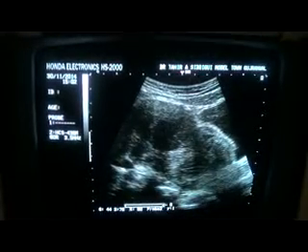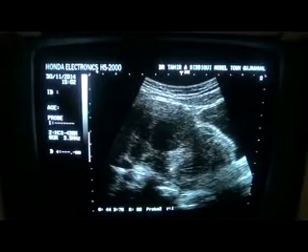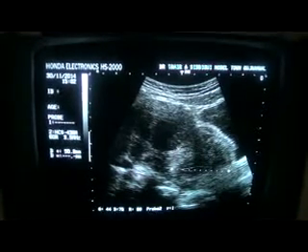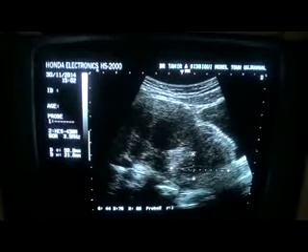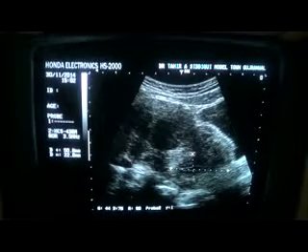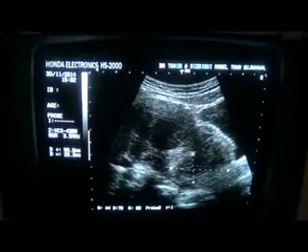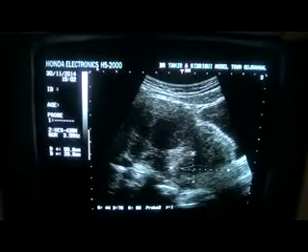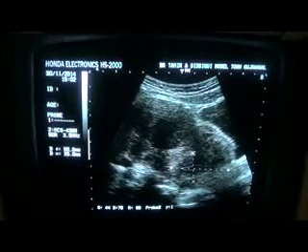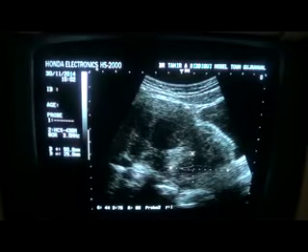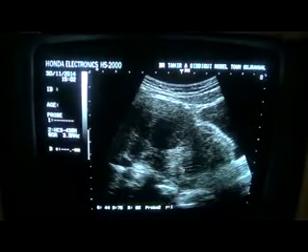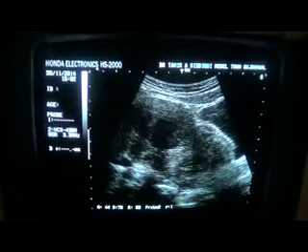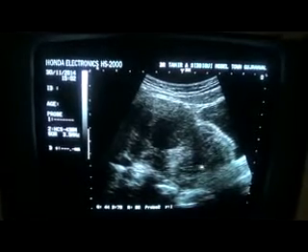This is the uterus. You see, this is the uterus, measuring approximately 5.0 by 2.5 mm, small sized, and this is the endometrial canal of the lower segment that is visualized.